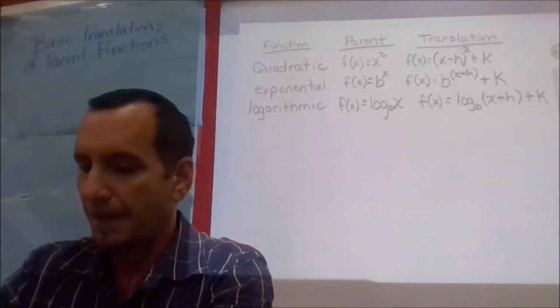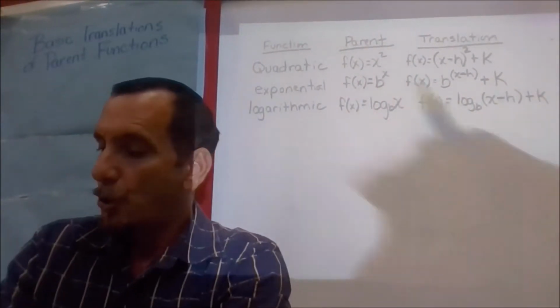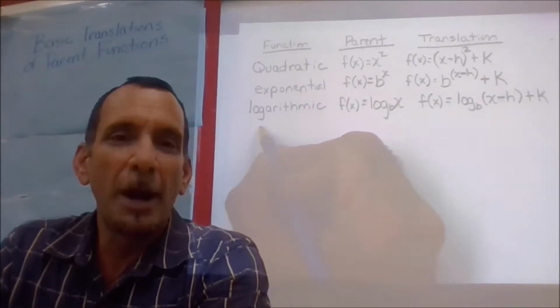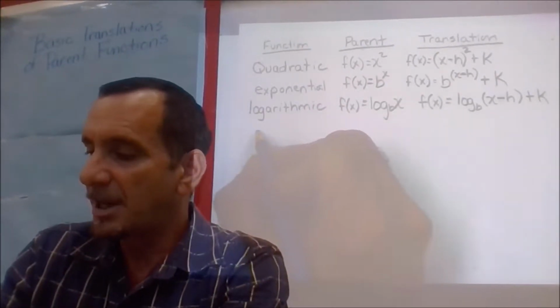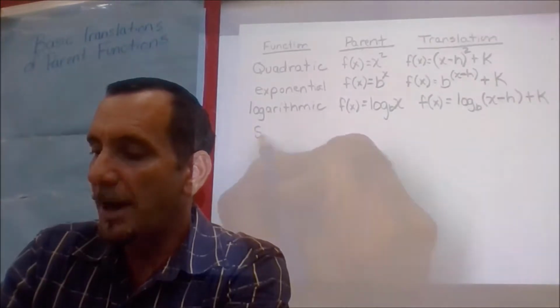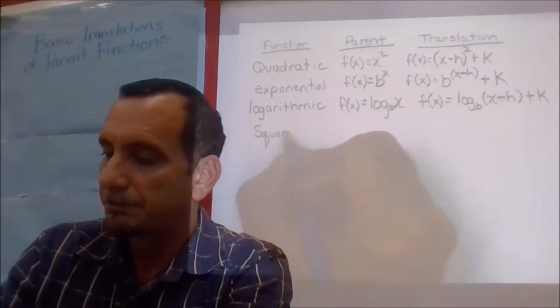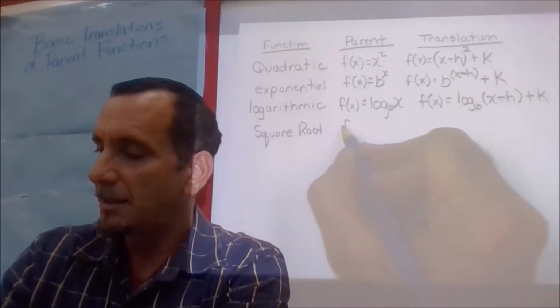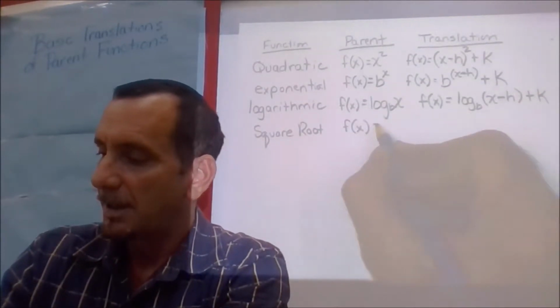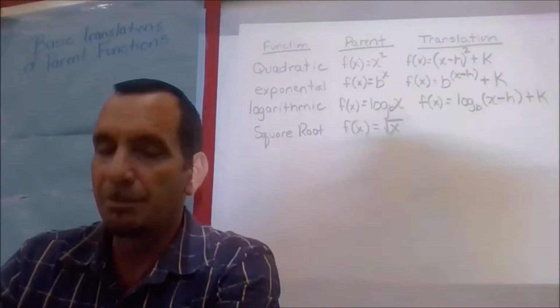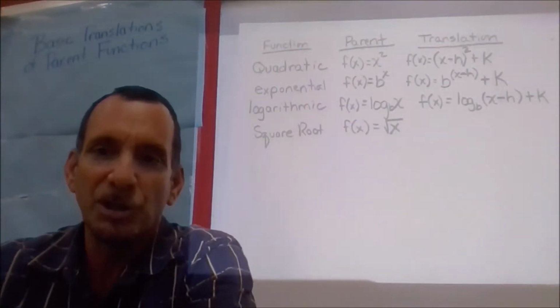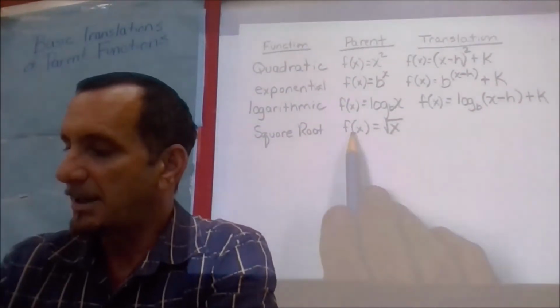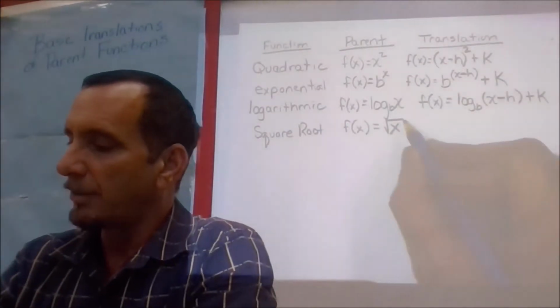Let's try another one. How about radical or square root functions? Let's say f of x is the square root of x, the most basic of all square root functions. The parent function is f of x equals the square root of x.